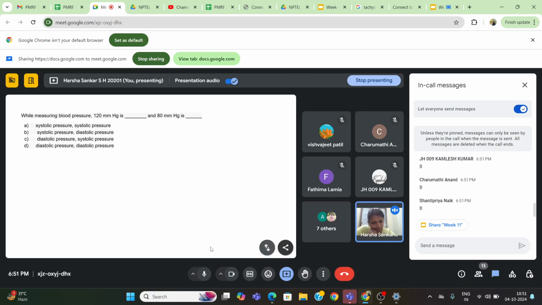Yes, the correct answer is option B. Systolic means the contraction time, so the pressure will be higher, which means 120 is systolic, and the relaxation time is the diastole, so 80 mm Hg is lower, and that is the diastolic pressure. So the correct answer is option B.